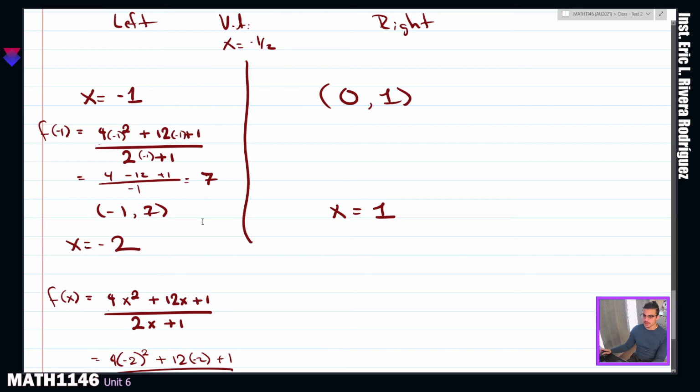Then for the right side, I think I will get 12 plus 4, 16 plus 1 is 17, and then over 3.